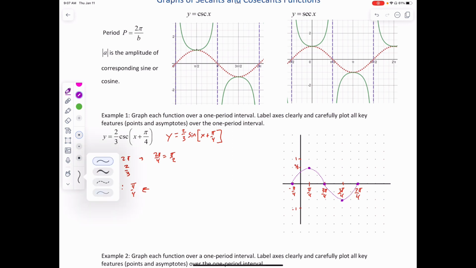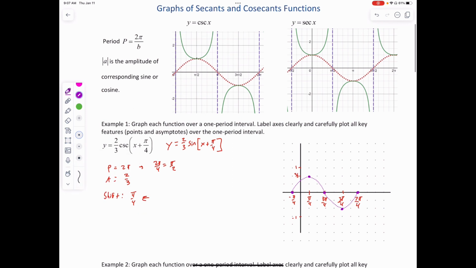So now that I have sine graphed, I can introduce my asymptotes. I'm going to get asymptotes everywhere that sine is 0 because its reciprocal will be undefined. So that's going to be here, and here, and here. And then my actual final answer is going to be the little U shapes. They're not actually parabolas. I know they kind of look like it, but they're not. They're asymptotic. And that will be my graph for this cosecant function.